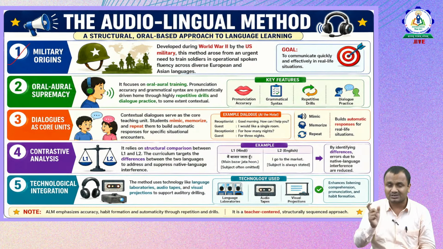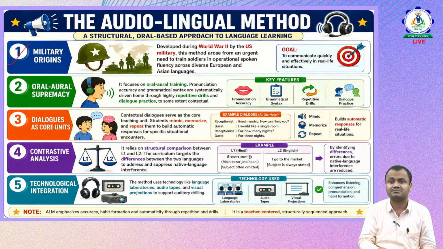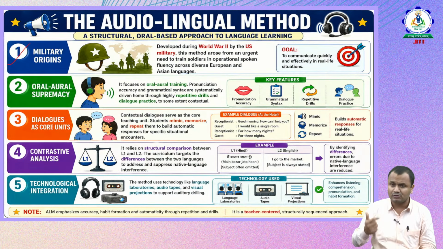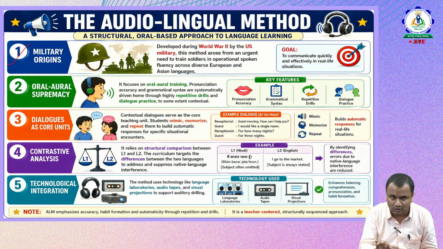And native speakers were speakers with correct pronunciation and accurate grammar. So we used to drill that pronunciation again and again, n number of times. We used to practice that grammatical structure n number of times. We used to mug it up. So the focus was totally on either speaking or listening. Both listening and speaking were at the center of the audio-lingual method.